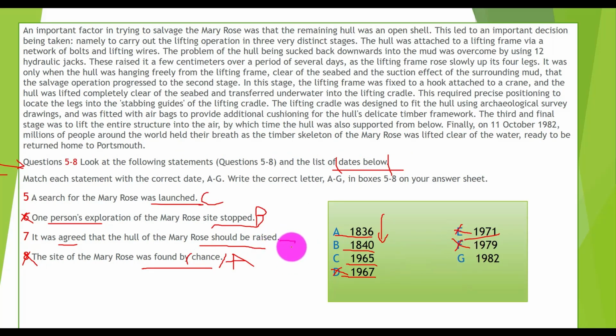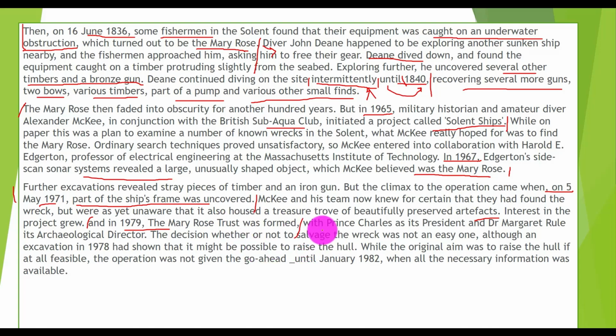And as a result, G is our answer, but I'm gonna check G in our previous slide as well. Okay, now let's continue. With Prince Charles as its president and Dr. Margaret Rule its archaeological director, the decision whether or not to salvage the wreck was not an easy one. Also, an excavation in 1978 had shown that it might be possible to raise the hull, while the original aim was to raise the hull if at all feasible.